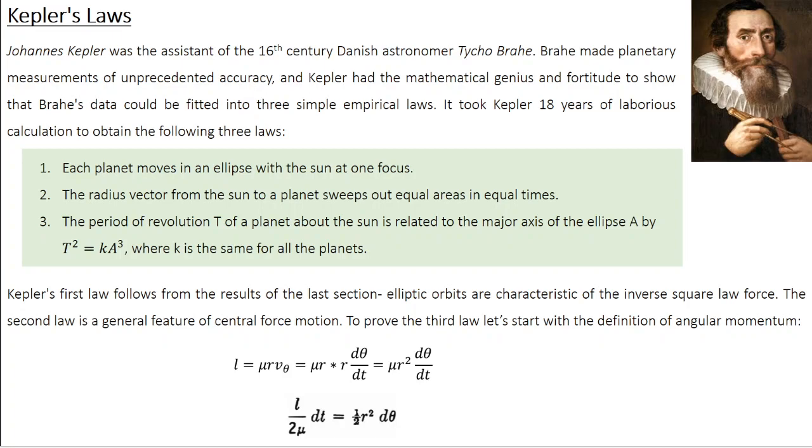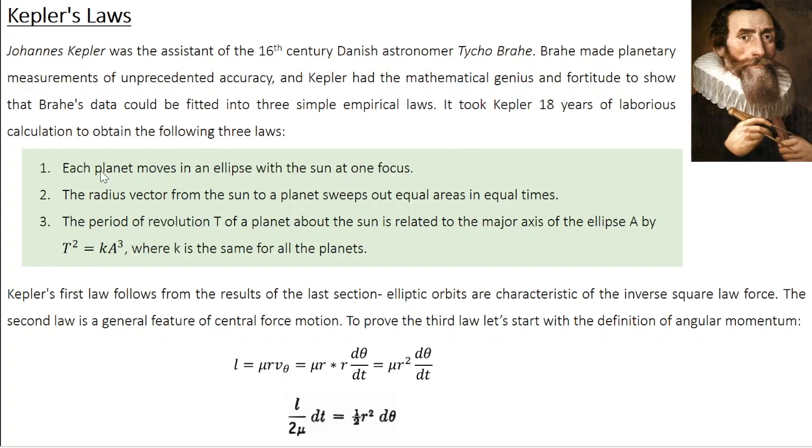And what Kepler did was, he did a lot of mathematical calculations and finally came up with 3 empirical laws with which he was able to fit Brahe's experimental data. So this was not an easy task. It took him almost 18 years to come up with these empirical laws, and these laws are famously known as Kepler's laws.